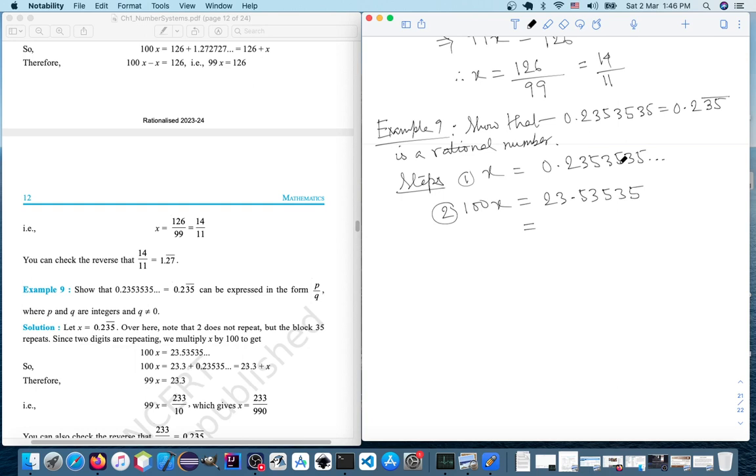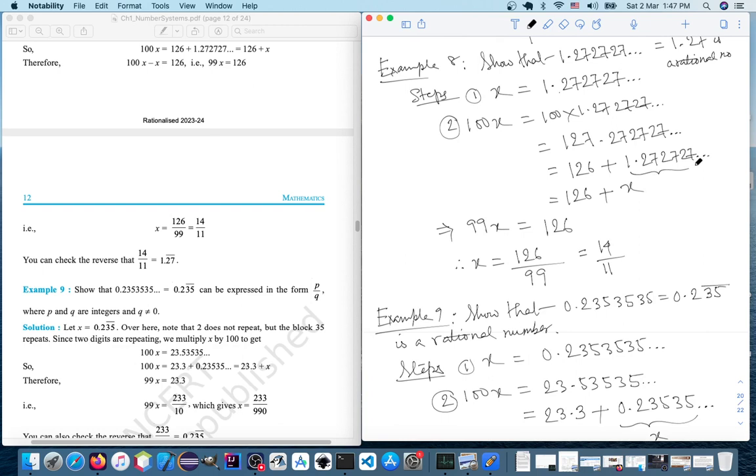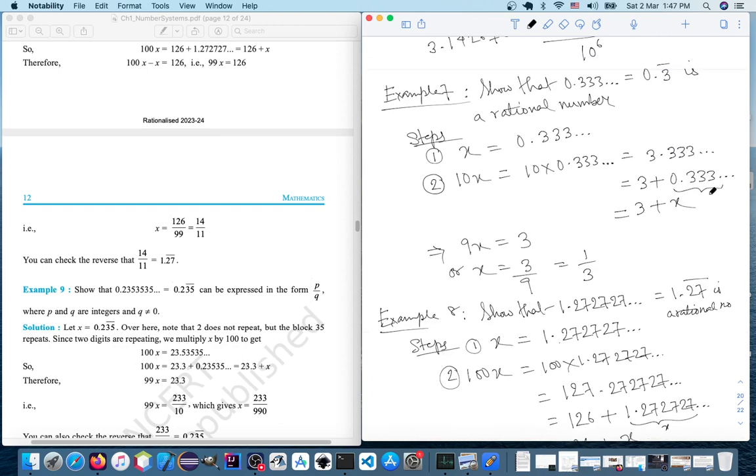We have to break this number in such a way that if we take out 23.3, we can have 0.2353535... remaining. So I have extracted 23.3 from the number 23.5353..., and that will leave the remaining number as 0.2353535..., and this thing is x.